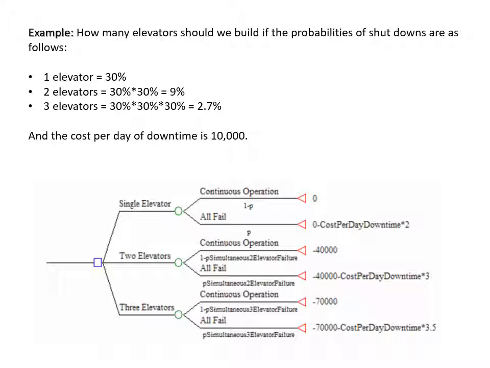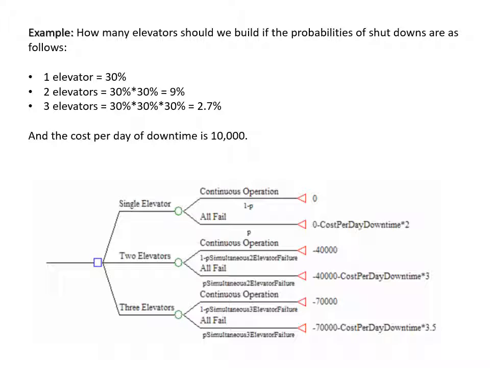So we have a decision node, which is the blue square, and that is how many elevators we're going to have. So a single, 2 elevators, or 3 elevators. And each one of those choices goes through then a chance node. And the chance node branches out into 2 different possibilities.